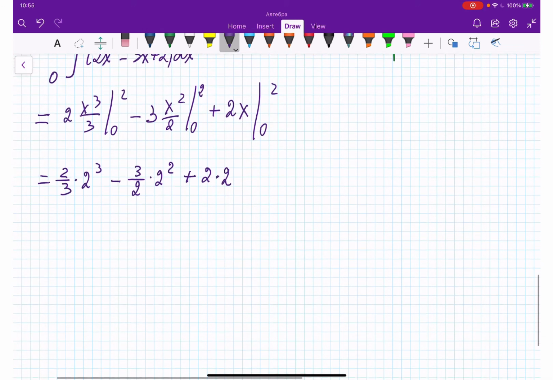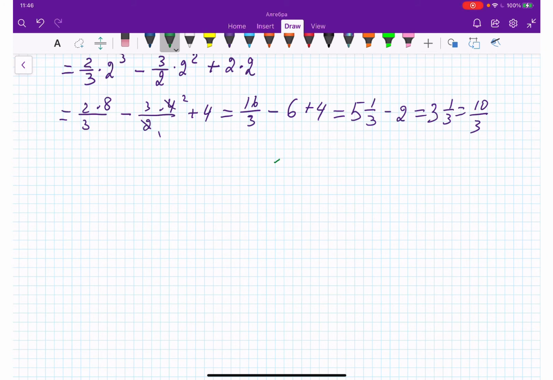So what do we have? We are getting the result, 16 over 3.